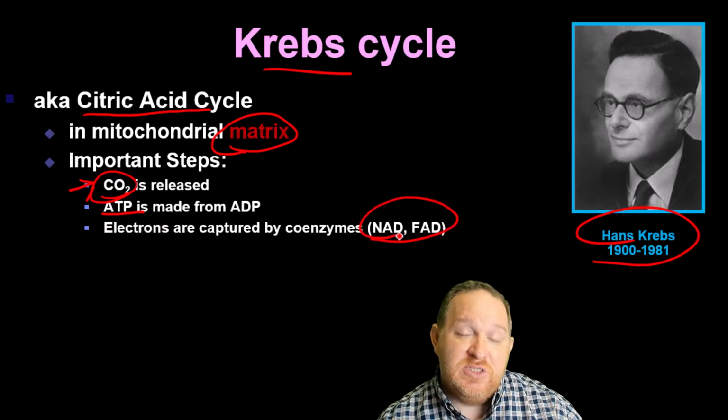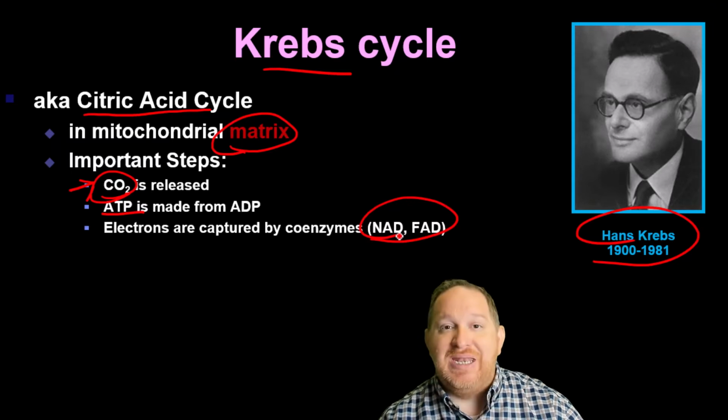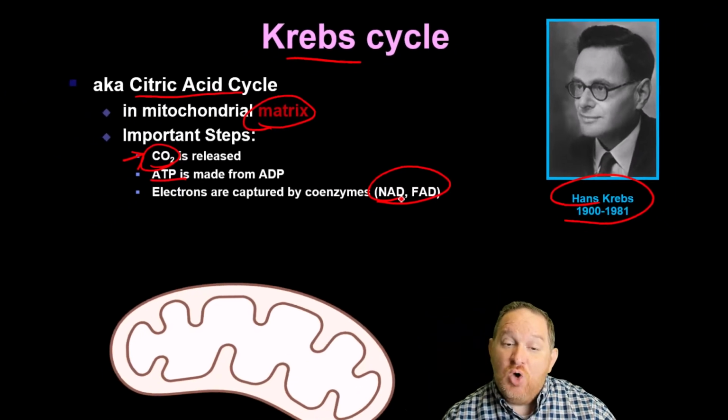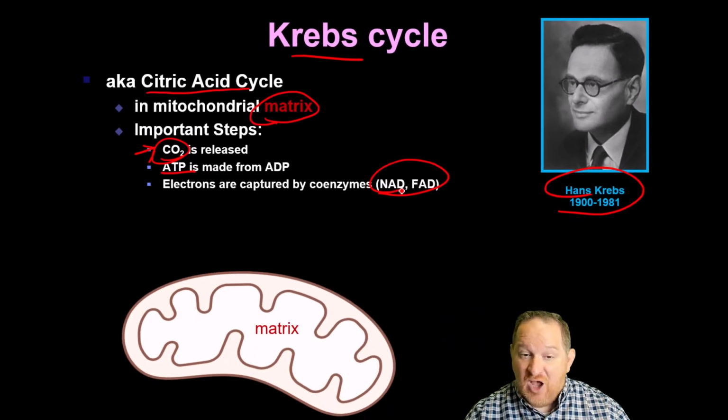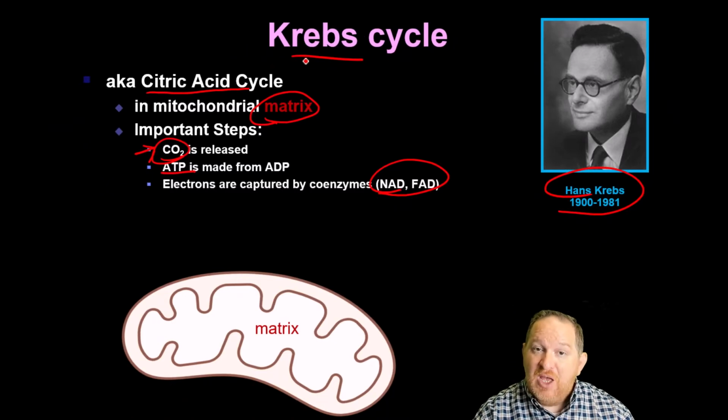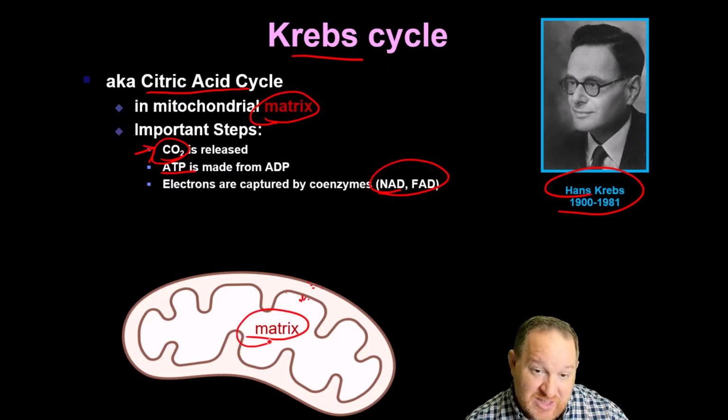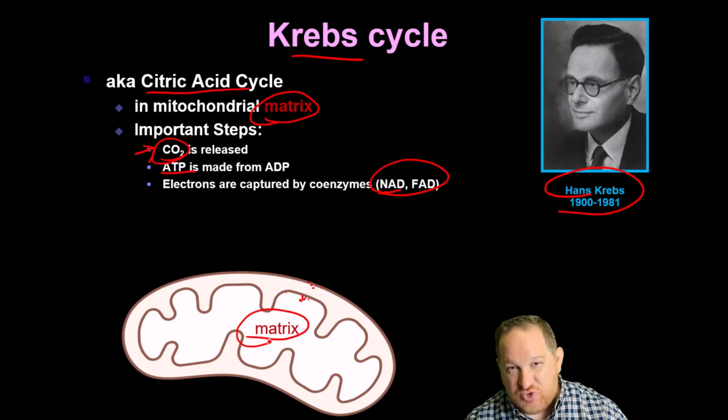Those will be converted to their electron carriers, NADH and FADH2. So let's remind ourselves of where this is all happening. The Krebs cycle is not really occurring on these membranes like some of our other steps, but here in the matrix of the mitochondria, that liquid portion in the center.